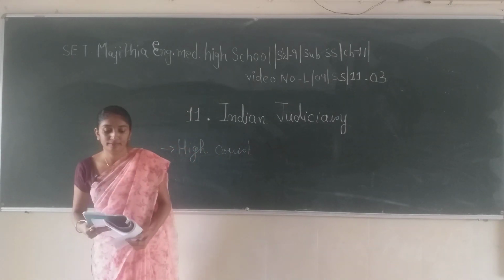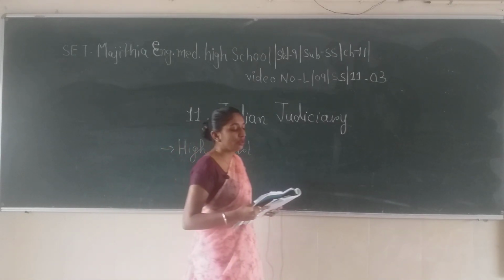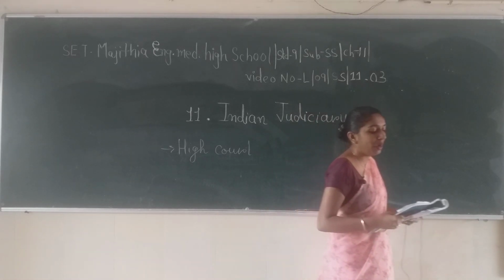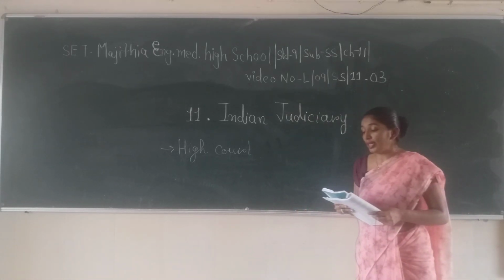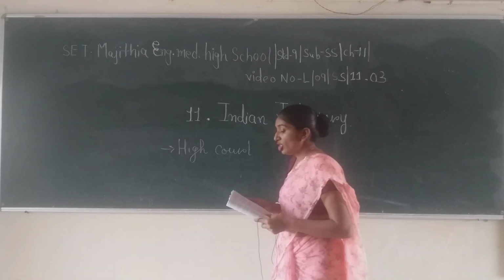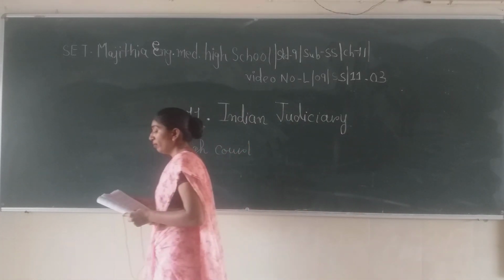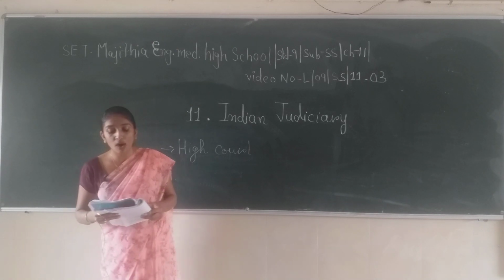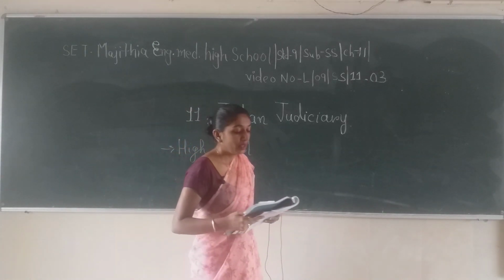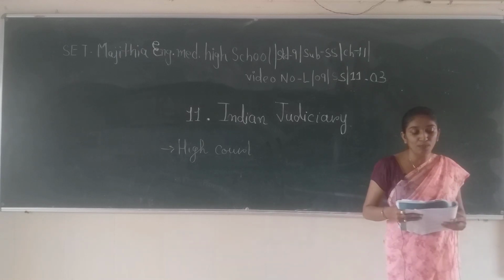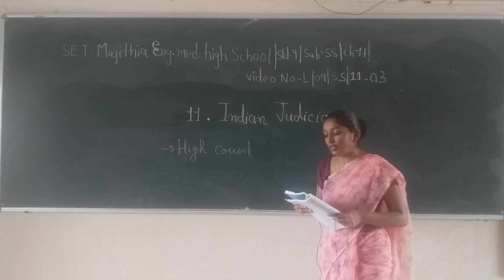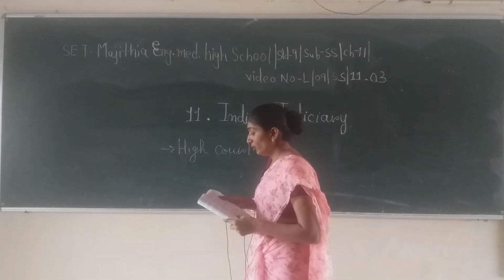Formation. The Chief Justice of High Court is appointed by the President in consultation with the Chief Justice of Supreme Court and the Governor of the respective states. The Chief Justice of High Court is consulted in the appointment of other judges of High Court.